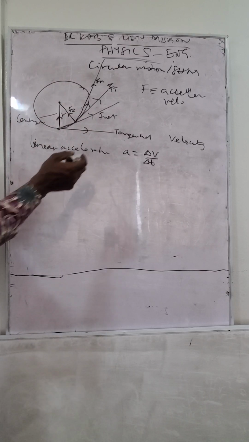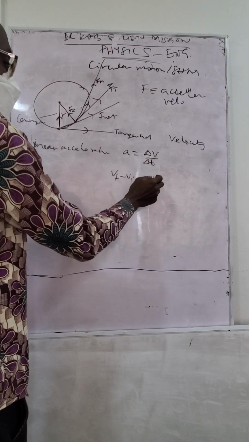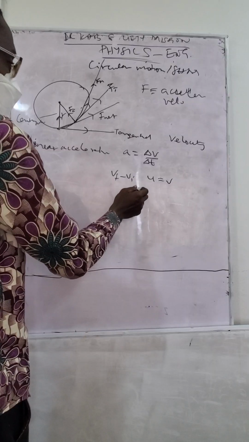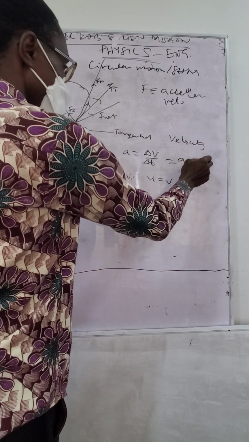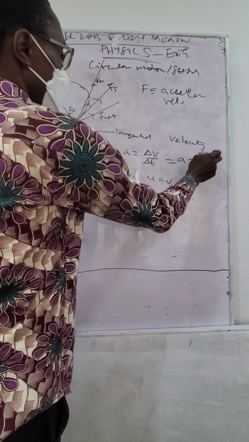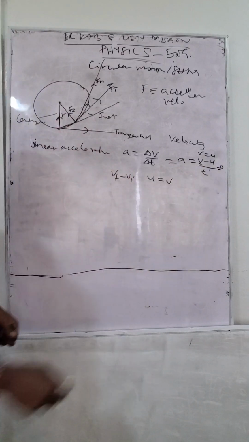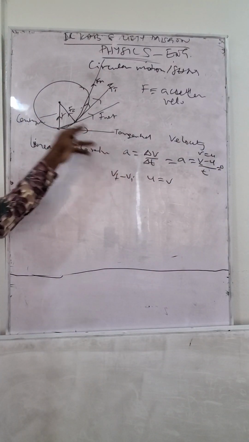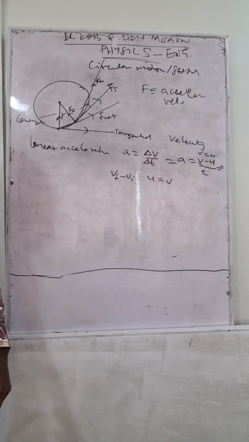Now, if velocity is constant, then v final minus v initial, or u, is equal to v. So this means a is equal to (v minus u) over t. We are saying v is equal to u, so this will be 0, isn't it? In terms of magnitude, that is in terms of size. That means acceleration should be 0 when you are moving around the circle with a constant velocity.